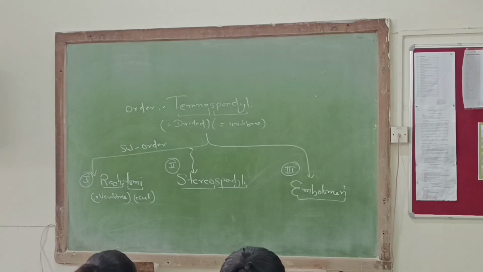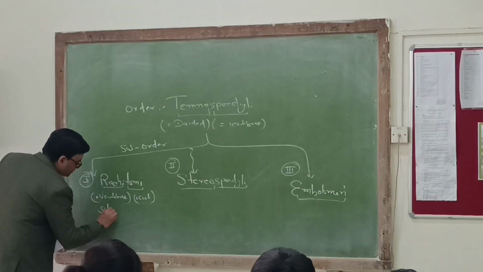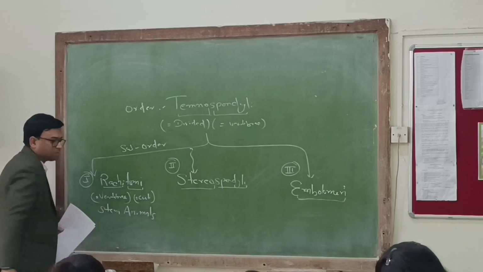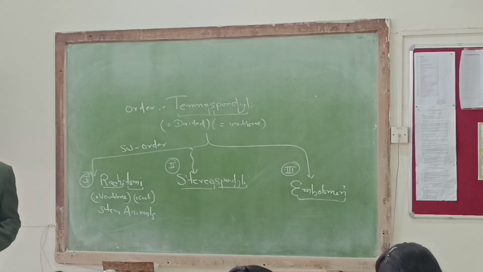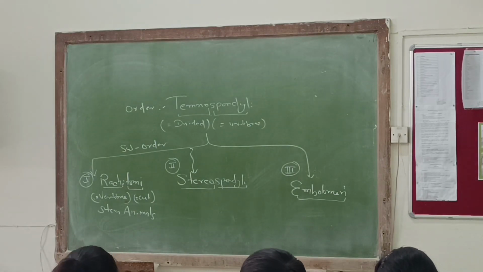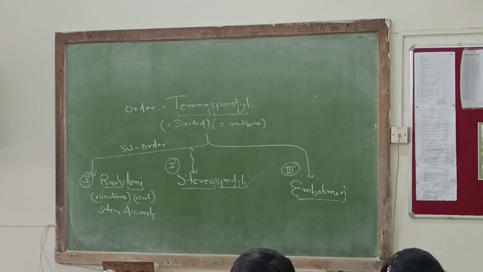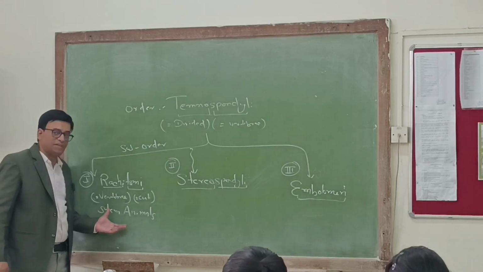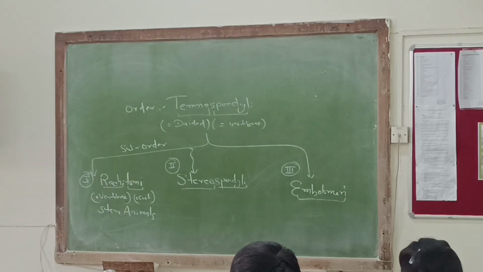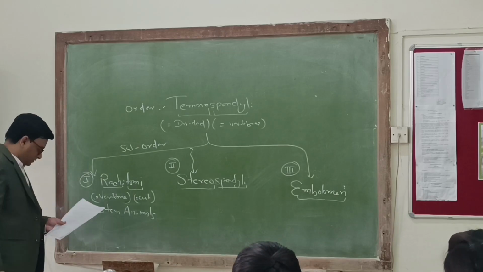Now these animals are also called stem animals. Rhachitomi is also called stem animals. Why are they called stem animals? Because out of this suborder Rhachitomi, there is a divergence for the higher amphibians. This in itself is not a crown group, but from the Rhachitomi, the higher amphibians, like the present day amphibians, start developing.